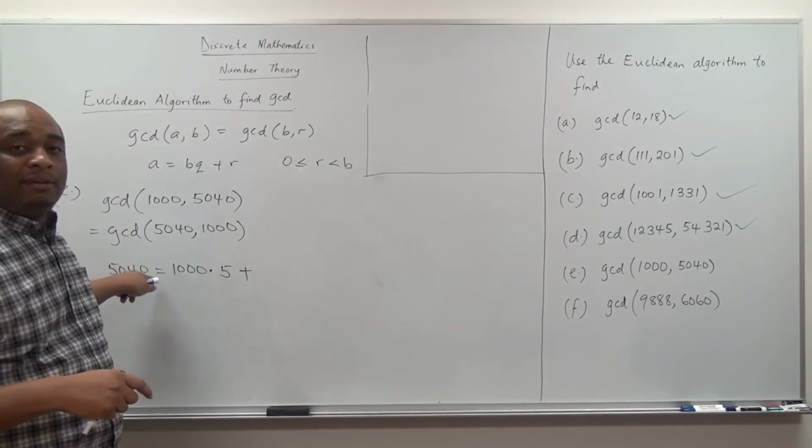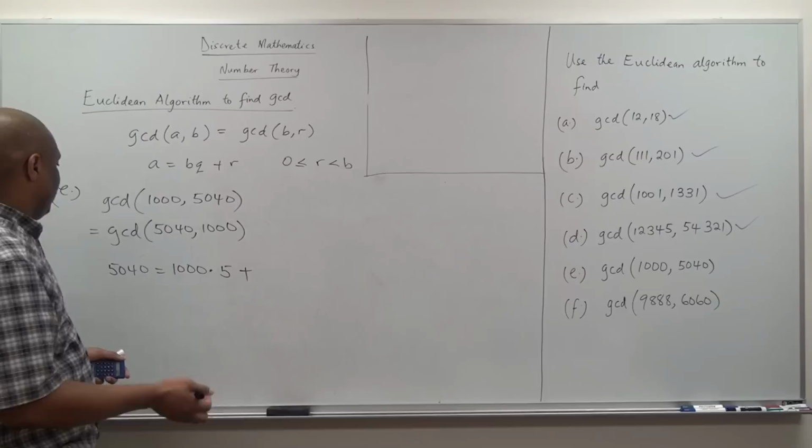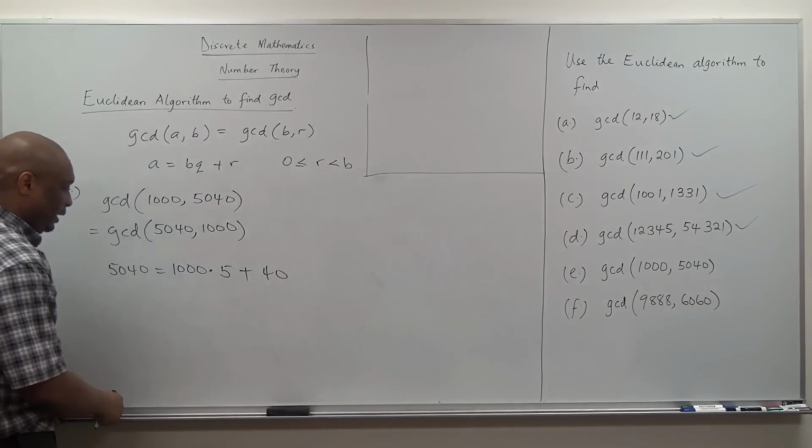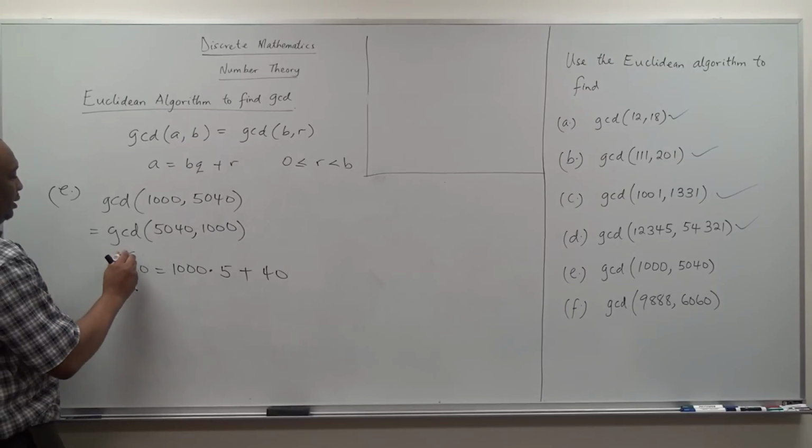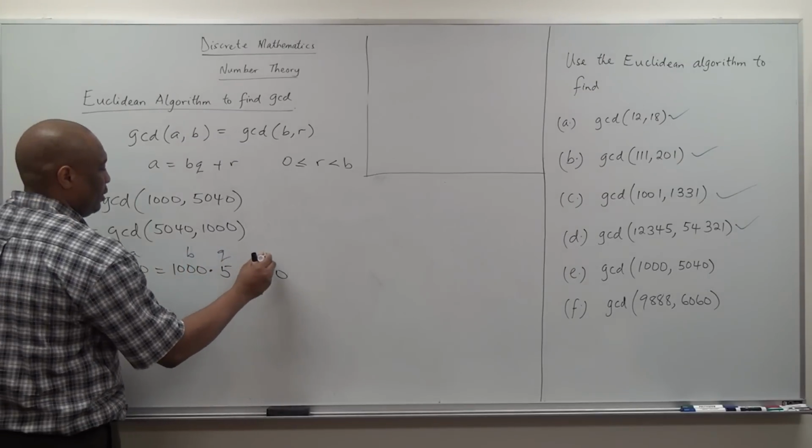You now do 5,040 minus 5,000, it gives you 40, right? So this is your A, your B, your Q, your R.